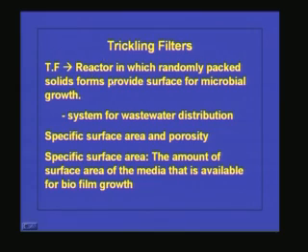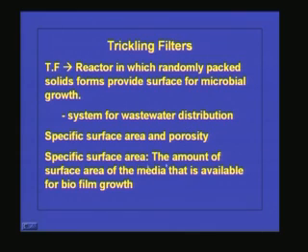Now we will see in detail the trickling filters. A trickling filter is a reactor in which randomly packed solid forms provide surface for microbial growth, and it will have a system for wastewater distribution also. When we select the media for microbial growth, the most important parameters are specific surface area and porosity.